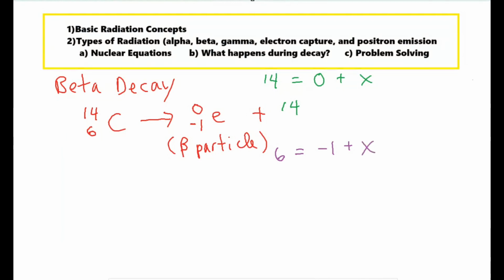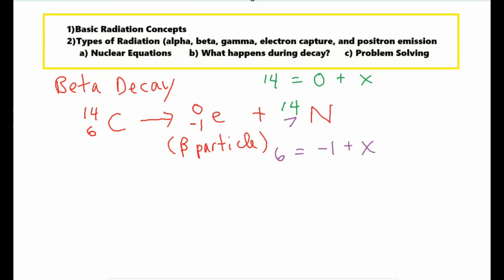For that one, we're going to add 1 to both sides, and then that would give us 7 protons total. So because that neutron emitted an electron to become a proton, we have 1 additional proton in the nucleus. So now we have an atomic number of 7, and if we look that up on the periodic table, that would now change it into nitrogen.